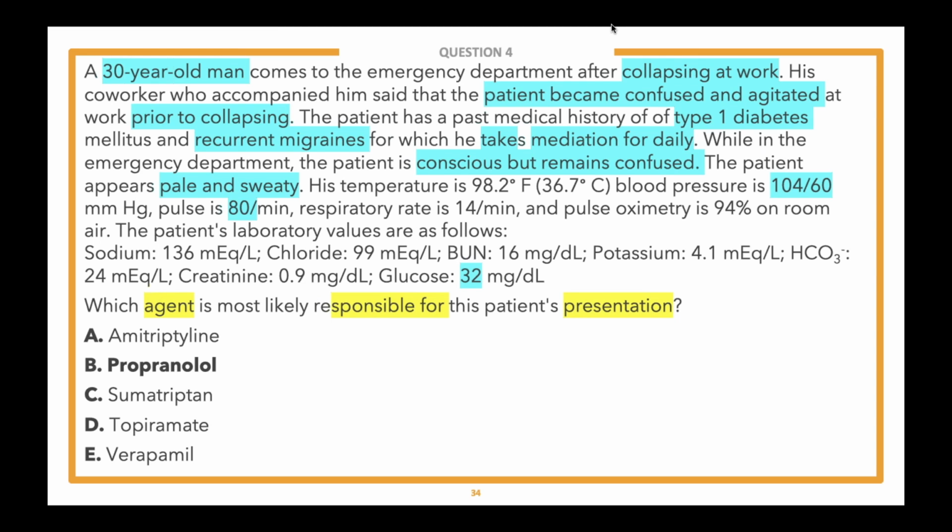Fine tremor, palpitations, anxiety, cold sweats. They can also present with different types of symptoms as well, such as weakness, confusion, drowsiness, syncope, which is the ones that this patient had, confusion and syncope, okay? So it's important to recognize these symptoms as a sign of hypoglycemia so you can correct it quickly.